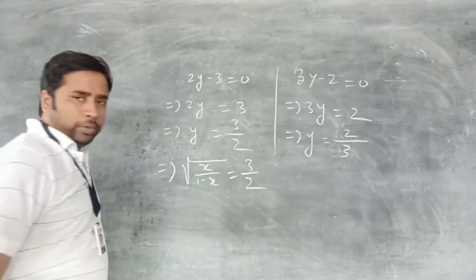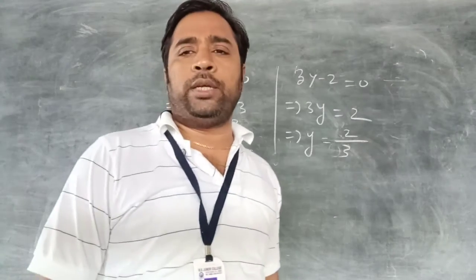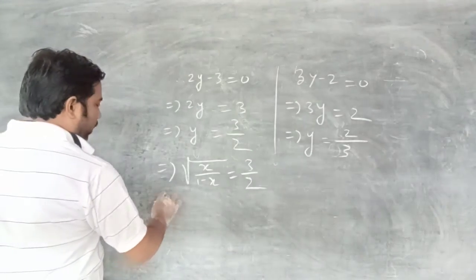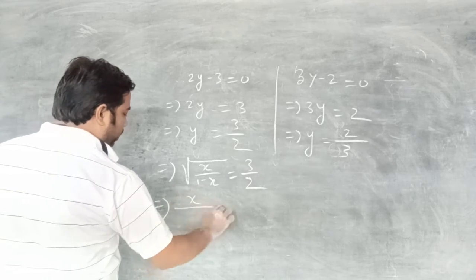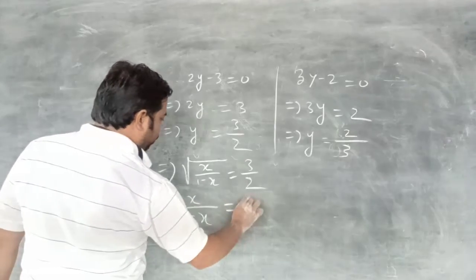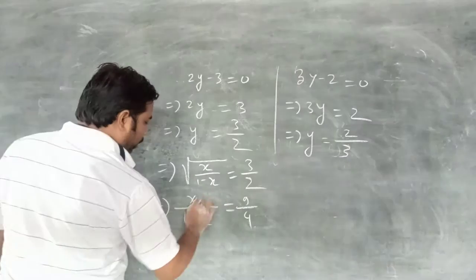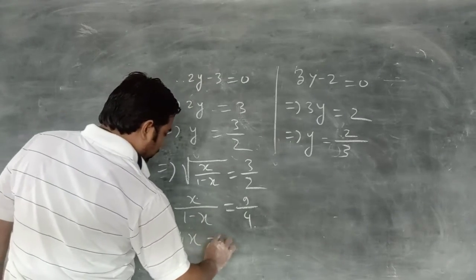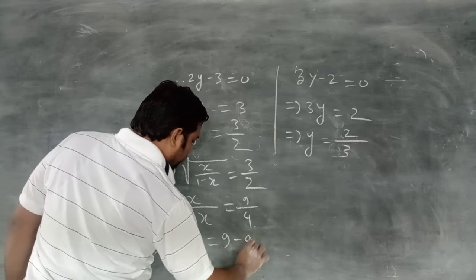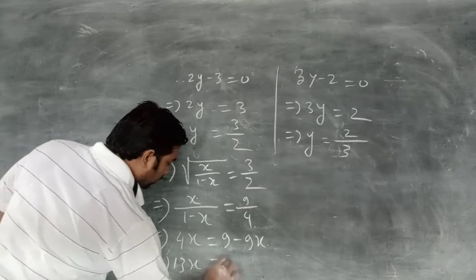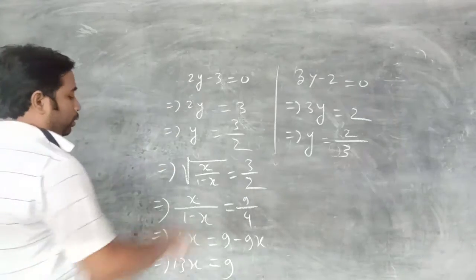Just now I told you that if there is a root over sign, we have to make square on both sides to find the value of x. So if we make square on both sides, it is x by 1 minus x, and this is 9 by 4. Let us cross multiply it. 4x equals 9 minus 9x. So this is 13x equal to 9. So what is the value of x then?